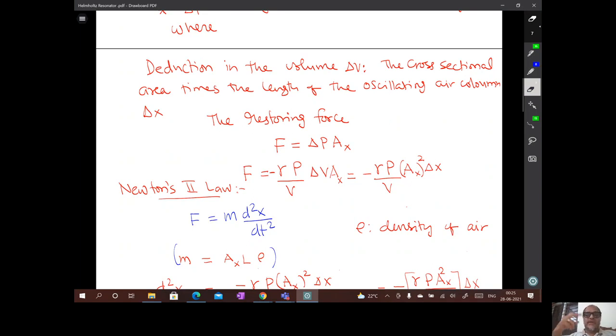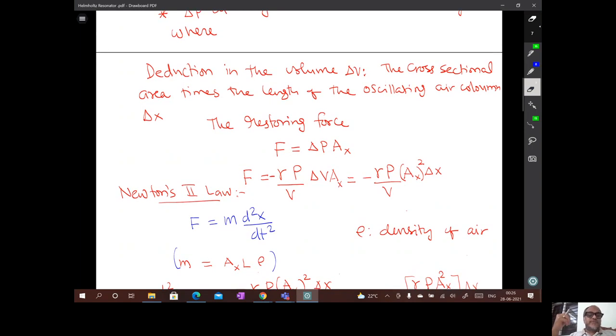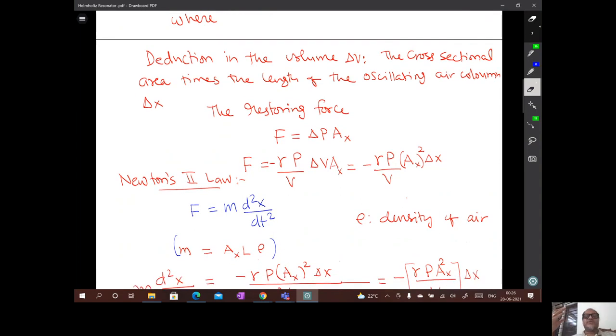That into area A x is the volume delta V, which is the decrease, right? We are compressing it. So the volume in the main cavity decreased by this much volume. So if you want to calculate the restoring force, that is equal to delta P into A x. That is actually the restoring force created. Of course, pressure into area is force, you know that.